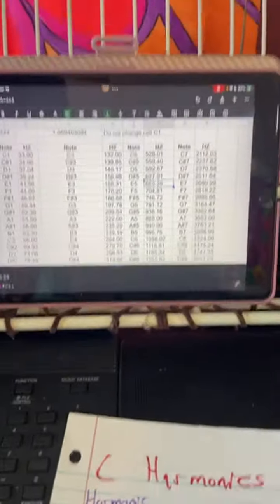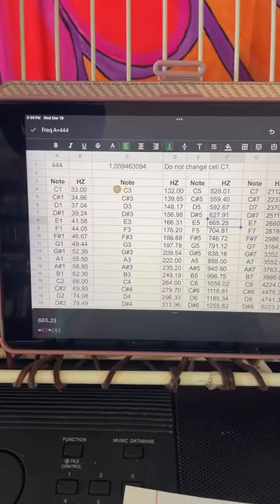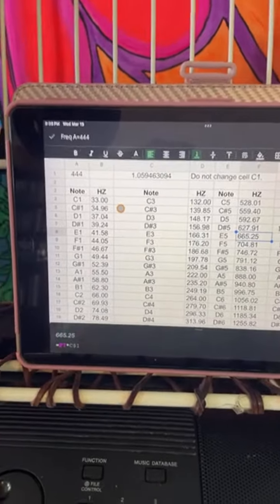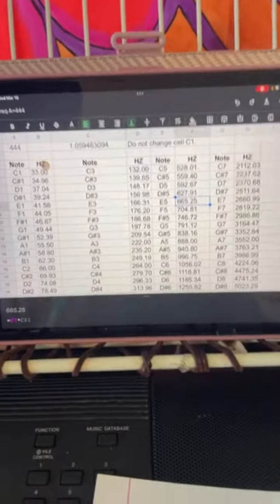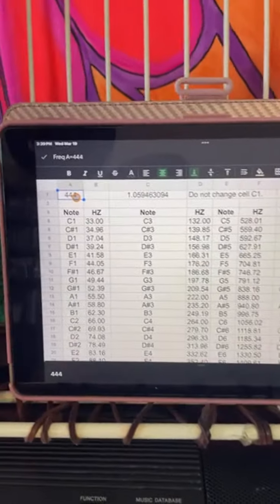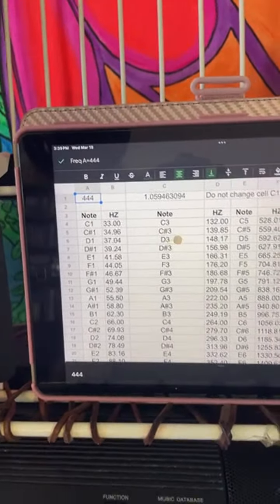But here's 12 tone equal temperament, and I had this spreadsheet made up by a friend from the Time Bank, but I said, here's this idea, can you do it? And she says, yeah. And so you can put in any tuning up here, right? 440.